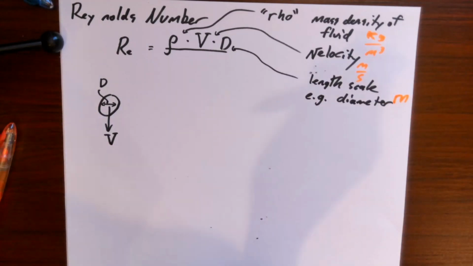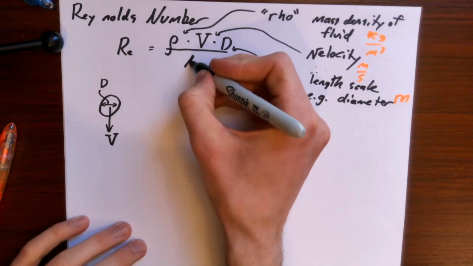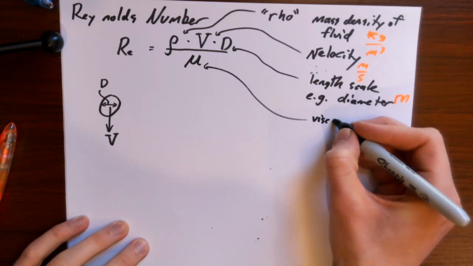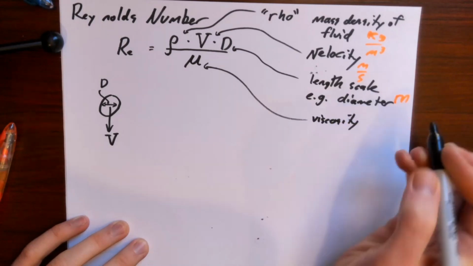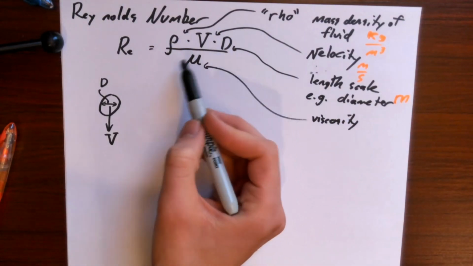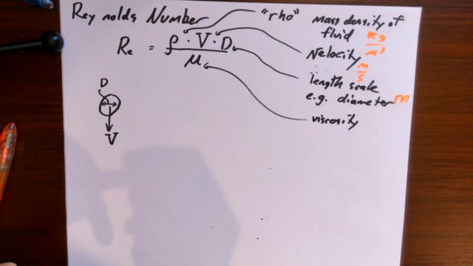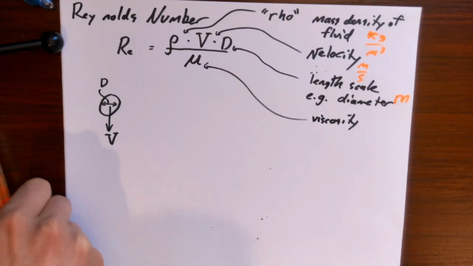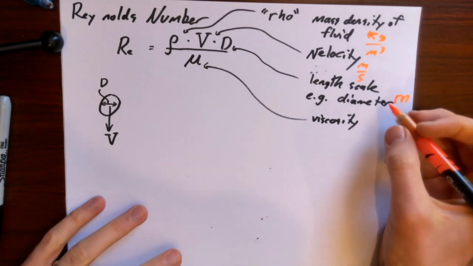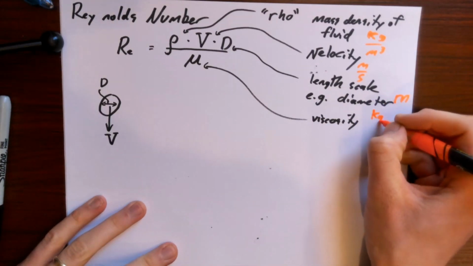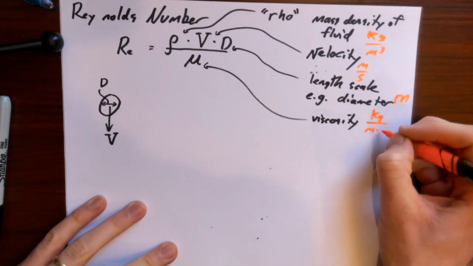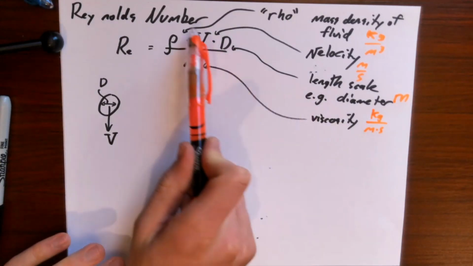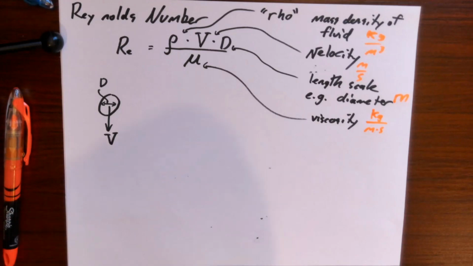And then in the denominator of the Reynolds number is the viscosity of the fluid. The Reynolds number would make the most sense for Newtonian fluids, where viscosity is some kind of constant. And if you go back in your notes, viscosity has units of kilograms per meter second.